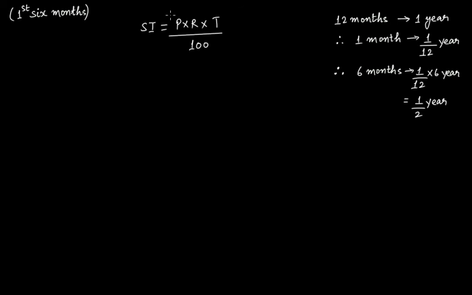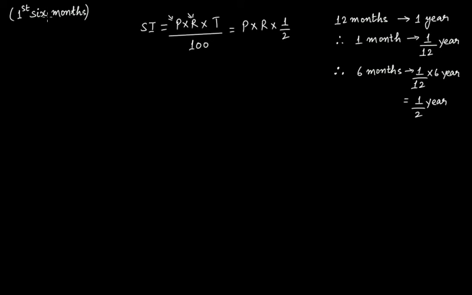Let's not put the values in yet. Just leave P multiplied by R like this. T will be what? Half. When we calculate interest compounded half yearly, this T will become 1 by 2. Why? Because T means year.